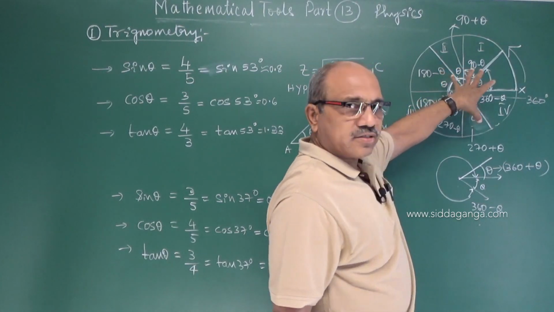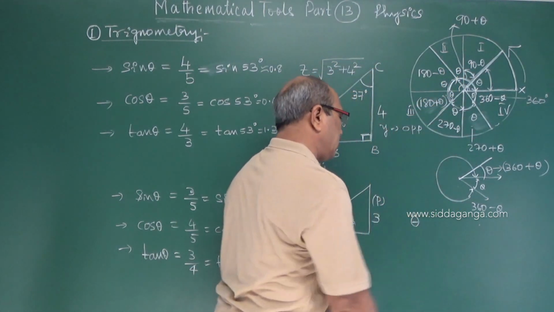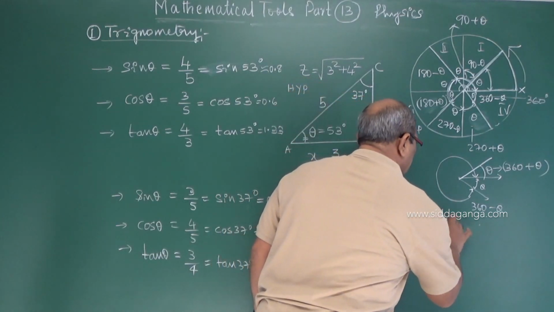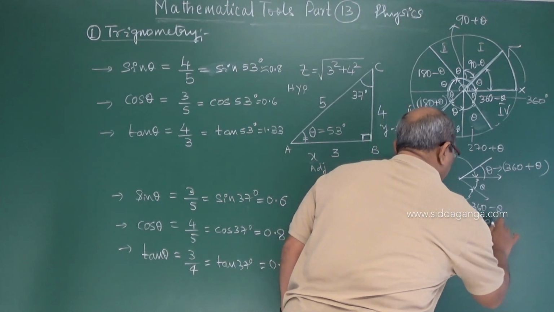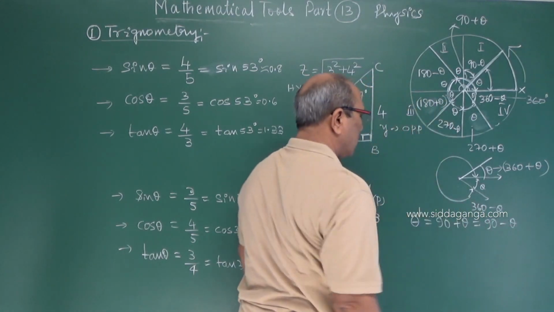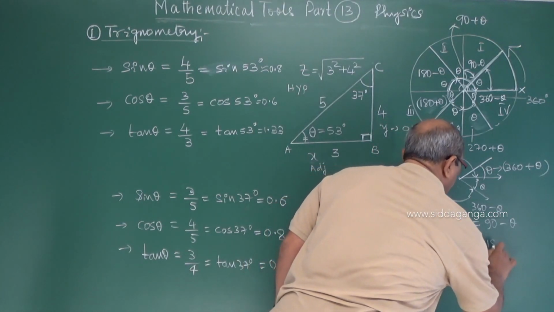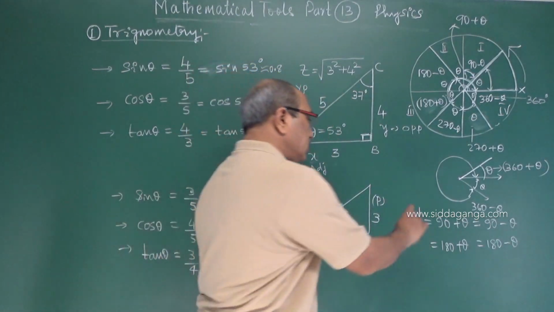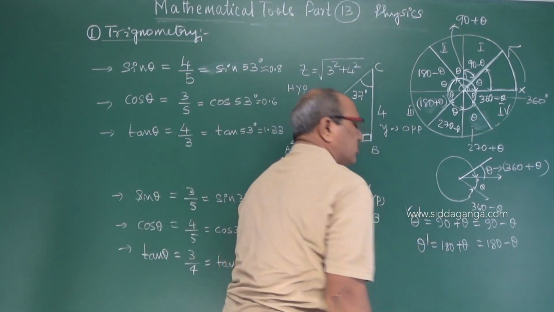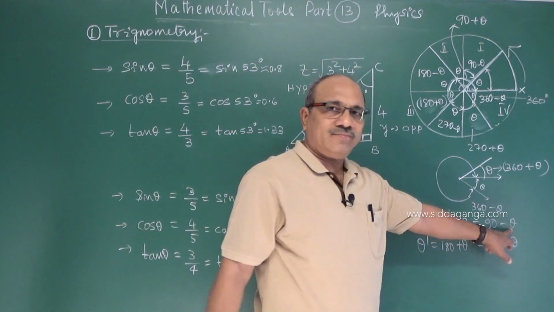What I showed is, suppose I have an angle theta dash, if I write it as 90 plus theta or 90 minus theta, or 180 plus theta or 180 minus theta, then this theta dash is allied to this angle theta.